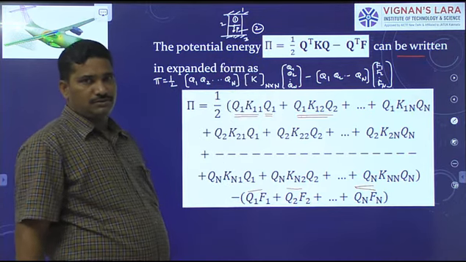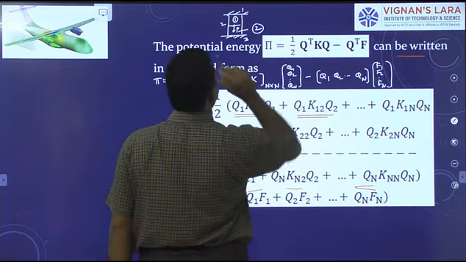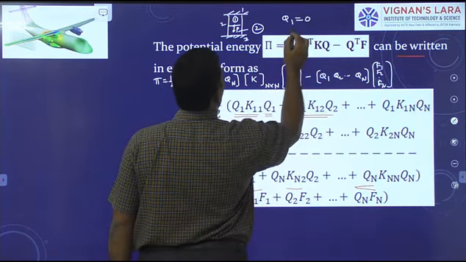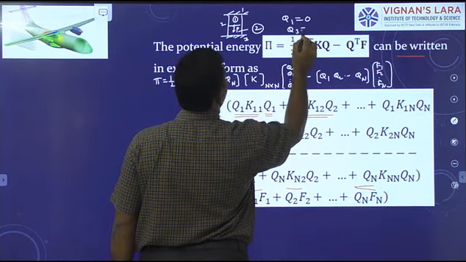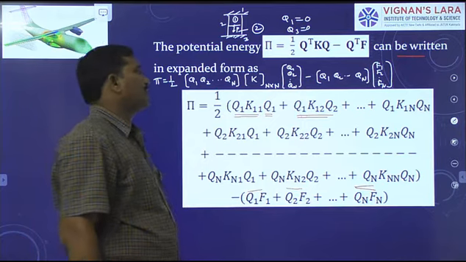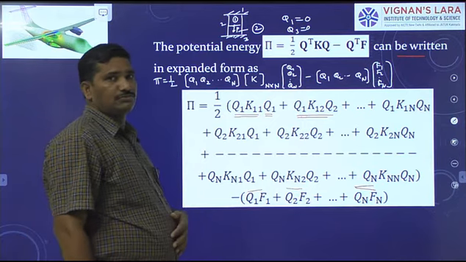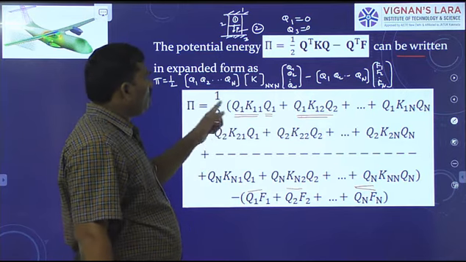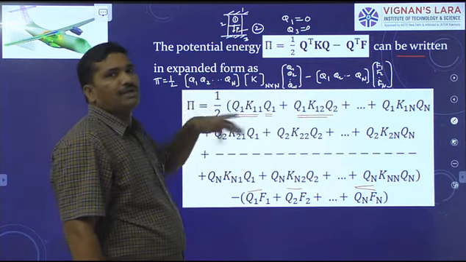So here, how many node displacements are there? Q1 equals 0 and Q3 equals 0. It is a zero displacement. Then what you have to do? In this expression, you put Q1 equal to 0 and Q3 equal to 0.